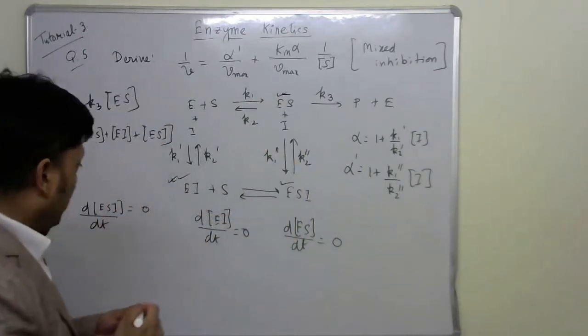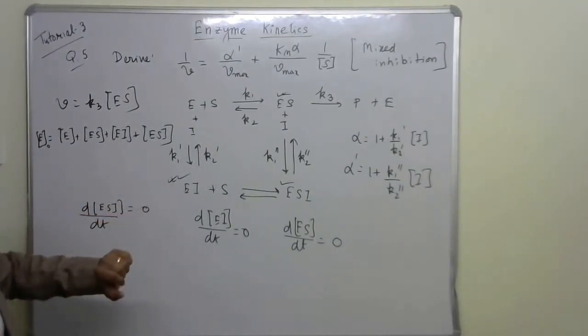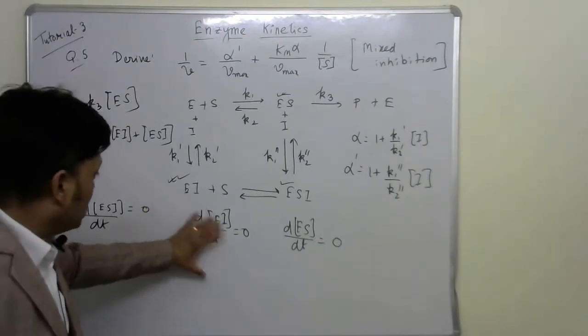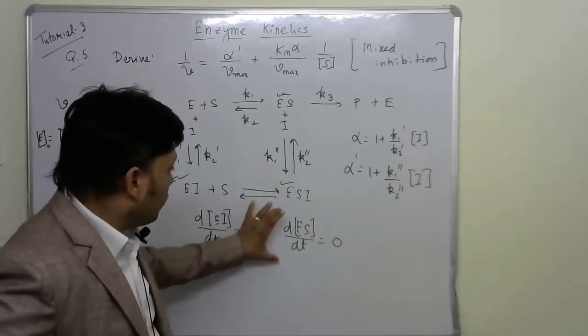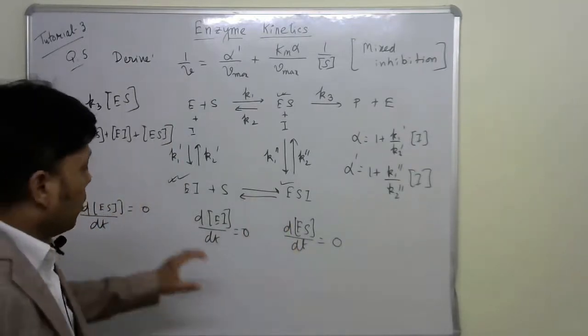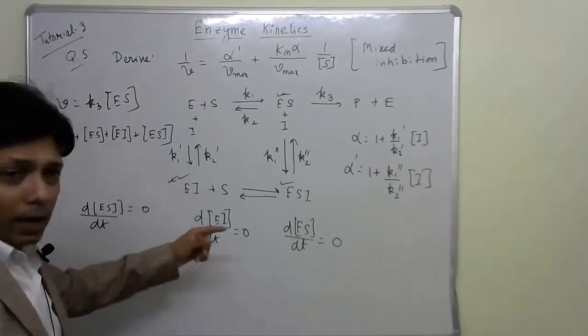Okay? So therefore, we have to apply the steady state approximation for these 3 terms. So we have dESI dt is equal to 0, we have dEI dt is equal to 0, and therefore we have dES dt is equal to 0. So like question number 4, we have to apply the same thing here, but just for an additional term.